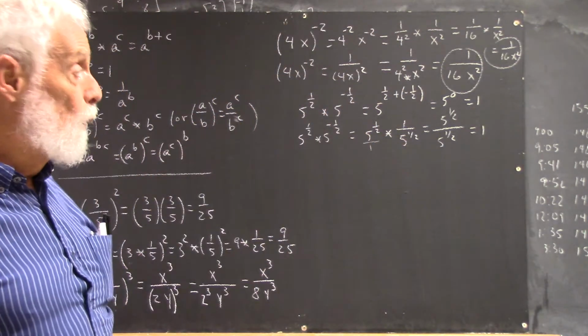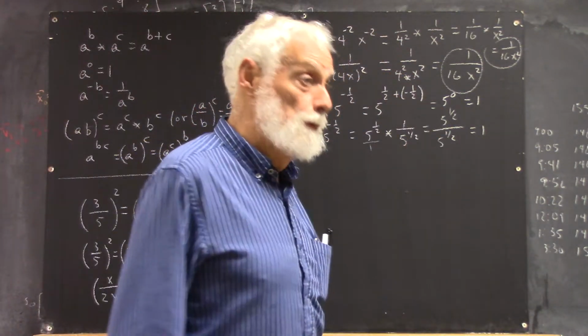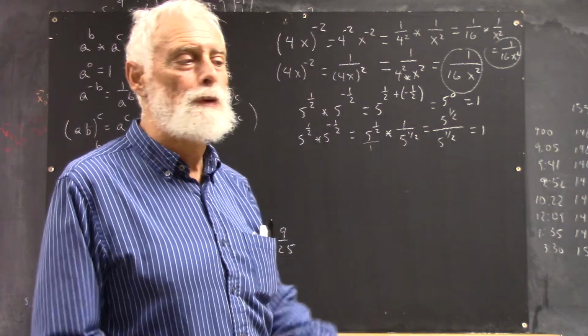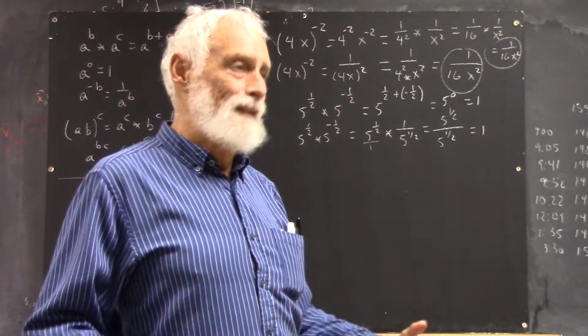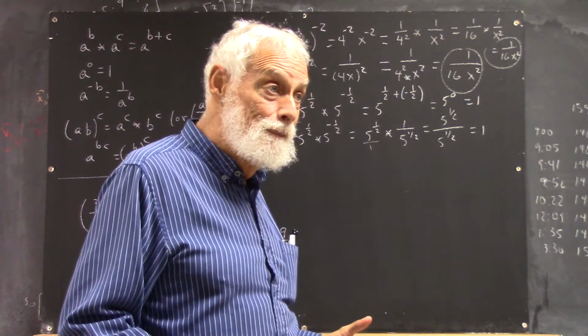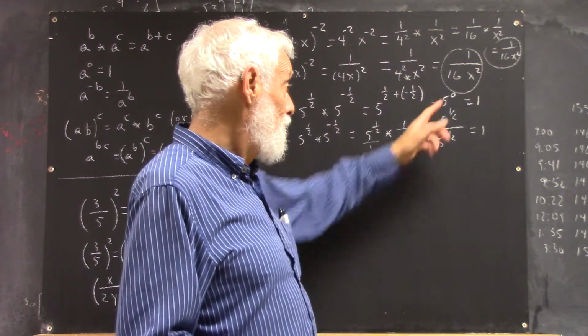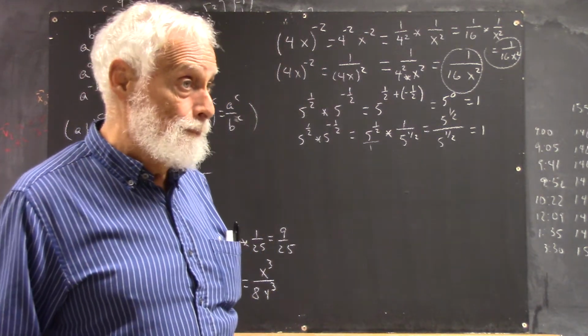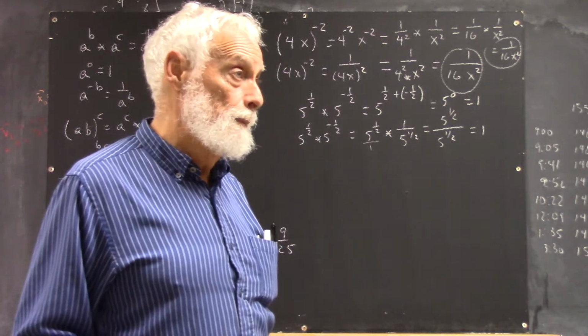If 5 to the 0 wasn't 1, we wouldn't be getting the same results here, would we? Well, when we figure out what the rules are that tell us how numbers behave, that's got to be one of our rules. Any number to the 0 is 1. Okay? Okay. And these laws of exponents have to be rules.